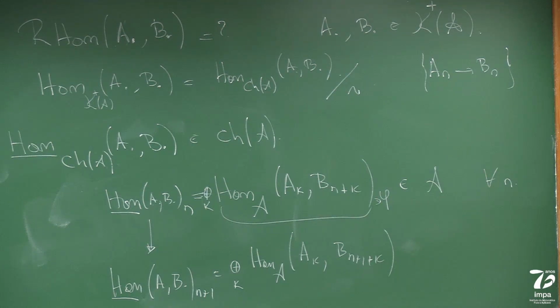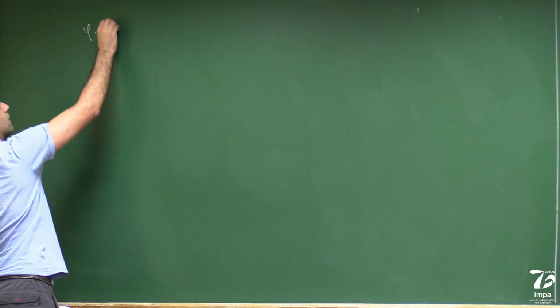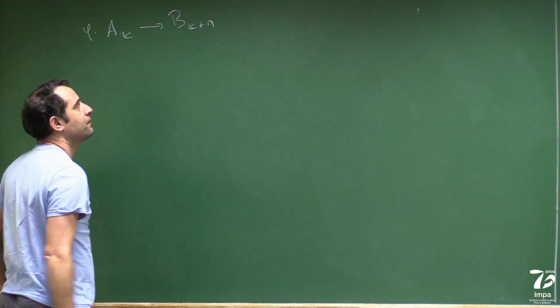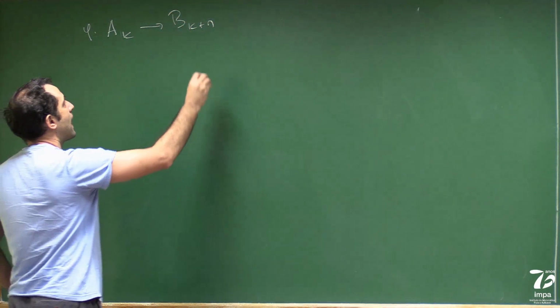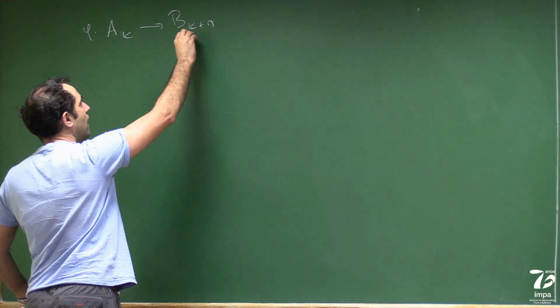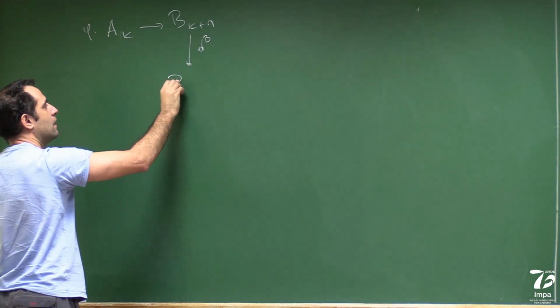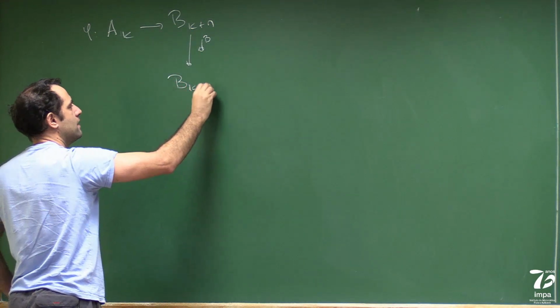So I have my phi that goes from AK to BK plus n. And I can do two things. I can apply d on the complex B here, and I will land in BK plus n plus 1.